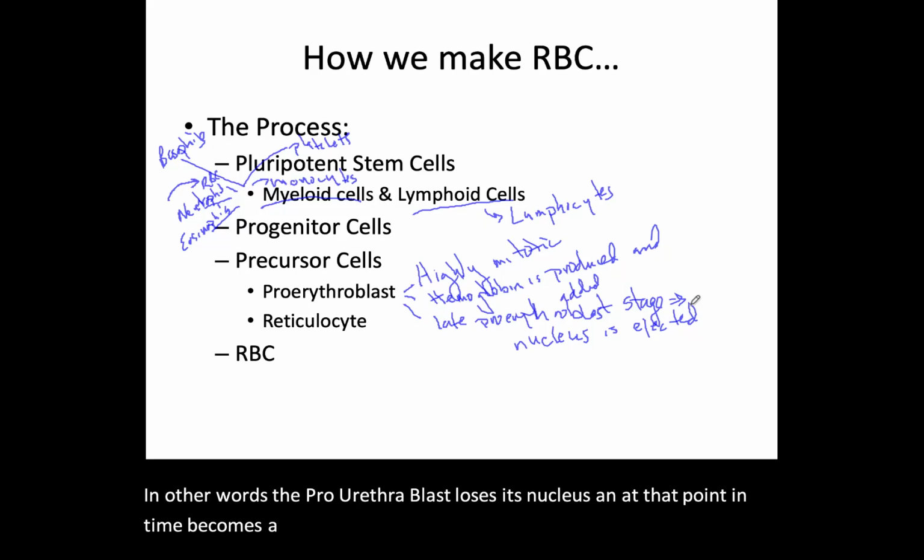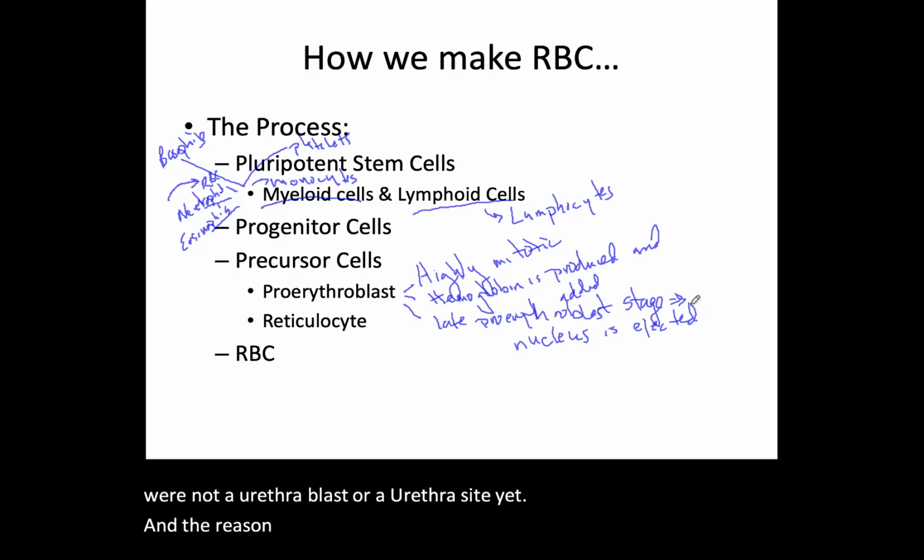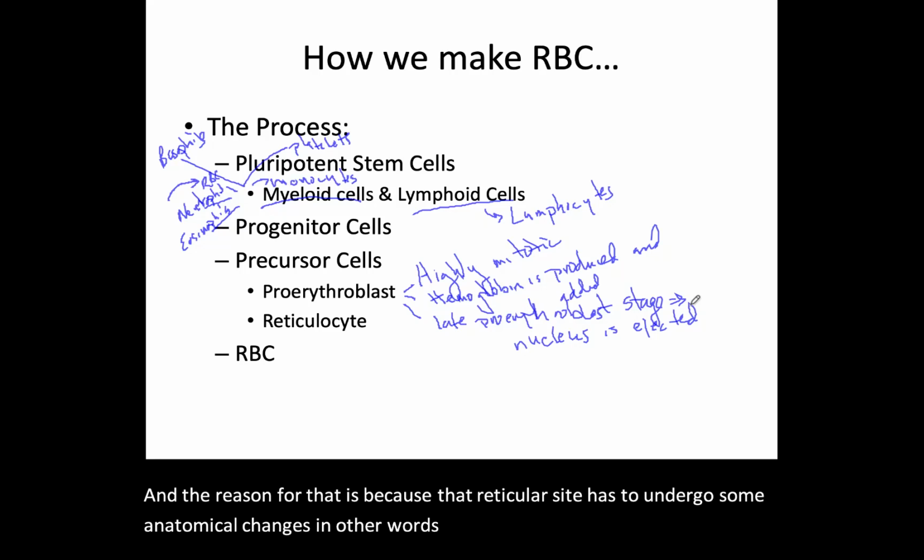And the reticulocyte is, again, still a precursor cell. We're not an erythroblast or an erythrocyte yet. And the reason for that is because that reticulocyte has to undergo some anatomical changes. In other words, the reticulocyte develops and becomes biconcave.